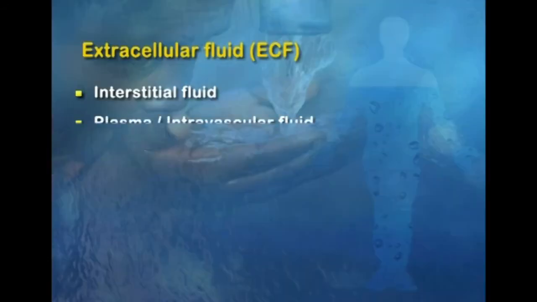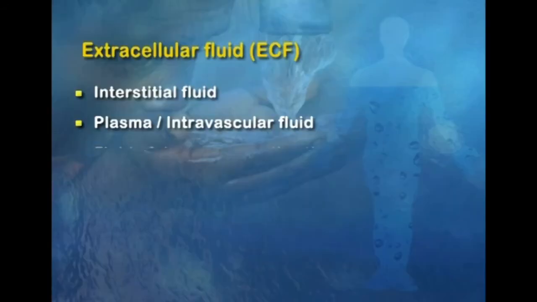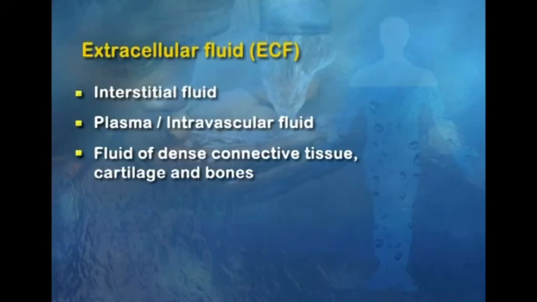Next is the plasma or the intravascular fluid. It is essential for maintaining organ perfusion, transporting oxygen and nutrients to all the cells. It helps in transferring hormones, cytokines and also neurotransmitters. Then there is the fluid of dense connective tissue, cartilage and bones.